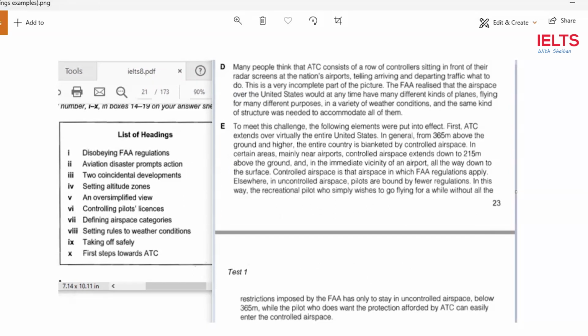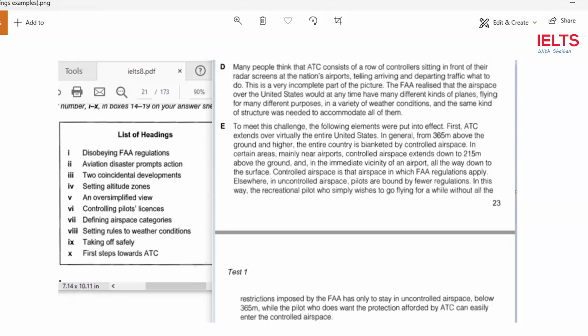In paragraph D, if you look at paragraph D, it says here, many people think that ATC consists of a row of controllers sitting in front of their radar screens at the nation's airports, telling arriving and departing traffic what to do.